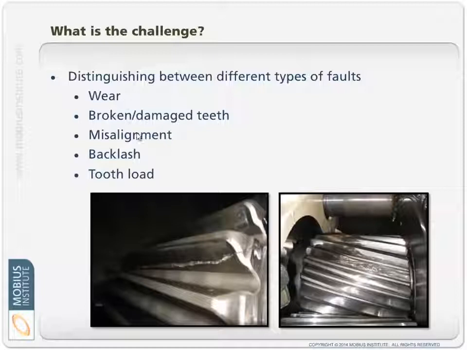We're looking for misalignment in the gearbox, backlash, tooth load, and one that I haven't listed up there is eccentricity, where there's some run out or actual eccentricity, or for whatever reason, maybe wear in the bearing which has moved a shaft.